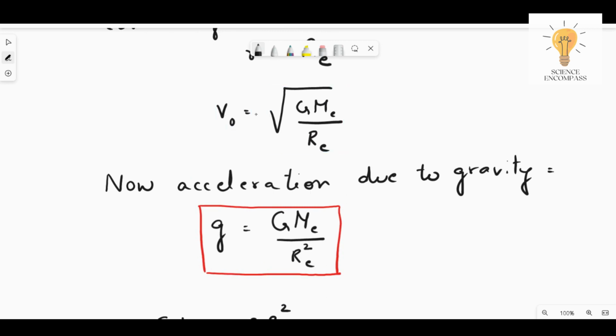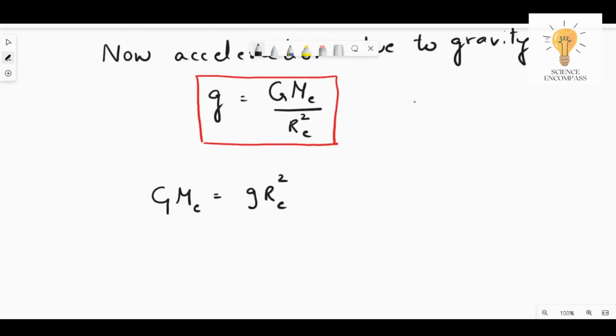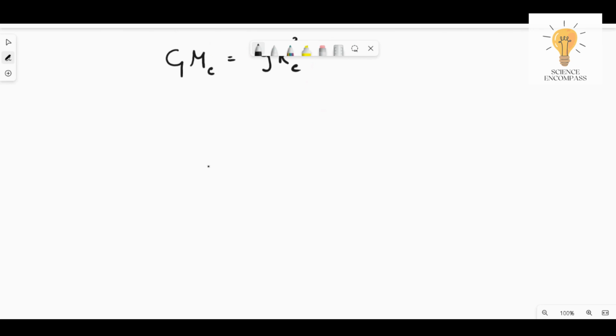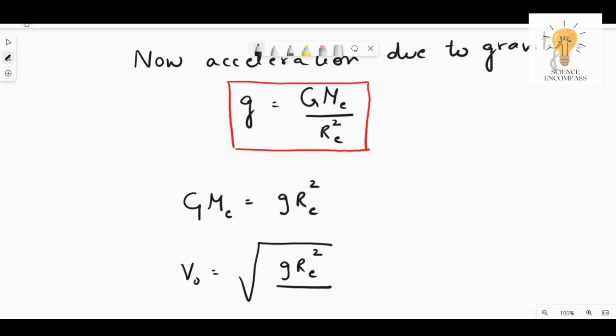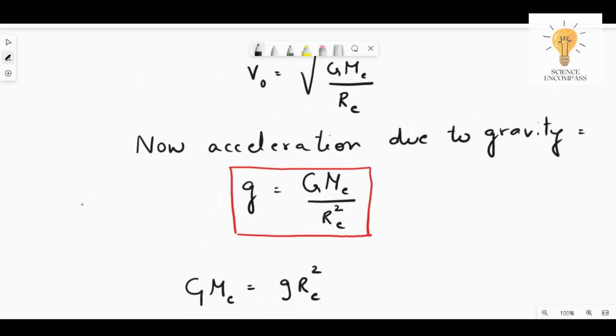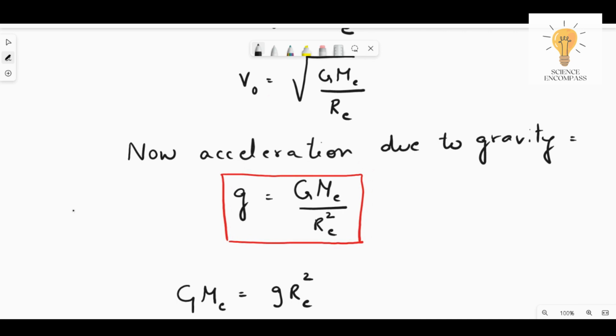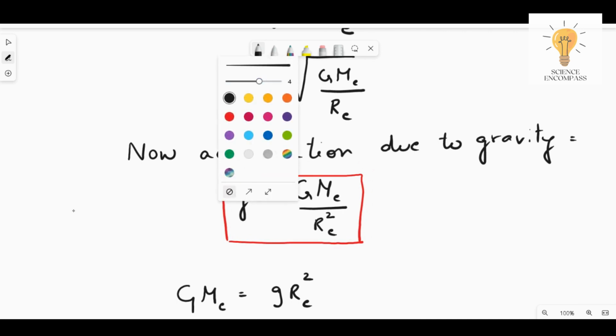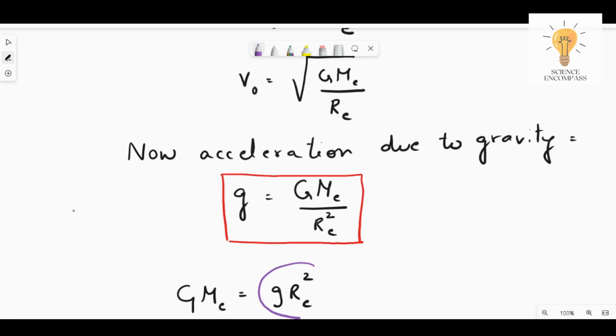Okay, so again, going back to this velocity, the orbital speed, rewriting this one more time. So that's V naught equals, put the square root, g, that's acceleration due to gravity, the radius of the Earth squared, divided. So I hope you know what I have written here, what I've done here. What I've done basically is, let me just color code this, I have written this over here.